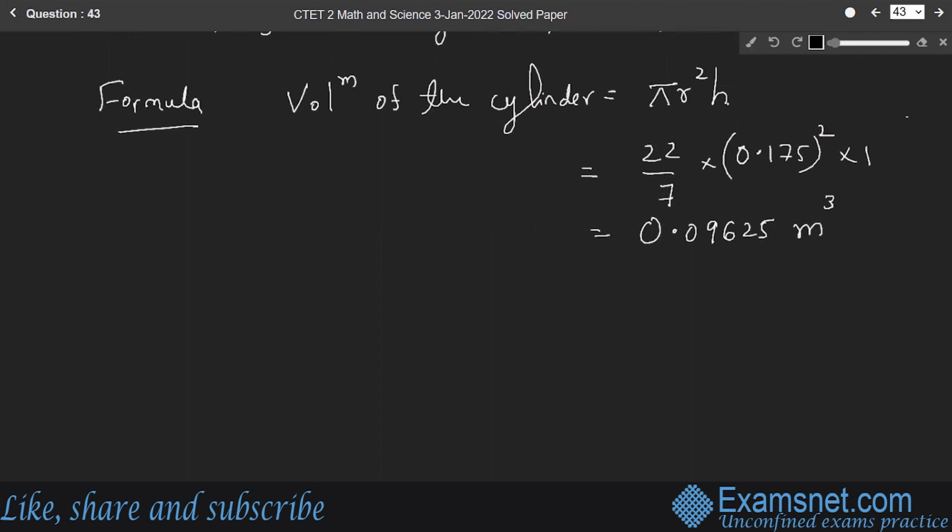Since height is in terms of meter, radius is also in terms of meter, which is square, meter square into meter is meter cube. So volume of the cylinder is 0.09625 meter cube.